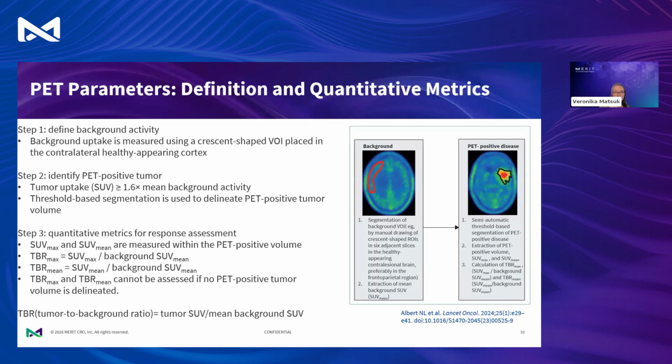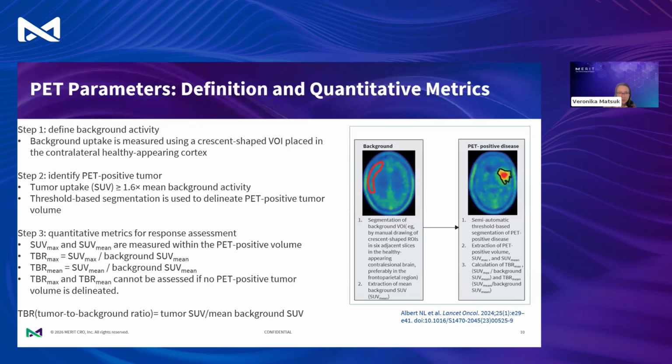That reference value then anchors step 2, where regions with uptake above 1.6 times the mean background activity are segmented using a threshold-based approach. And then we have step 3, which will extract the quantitative metrics of SUV max, SUV mean, TBR max, TBR mean, and PET positive tumor volume.